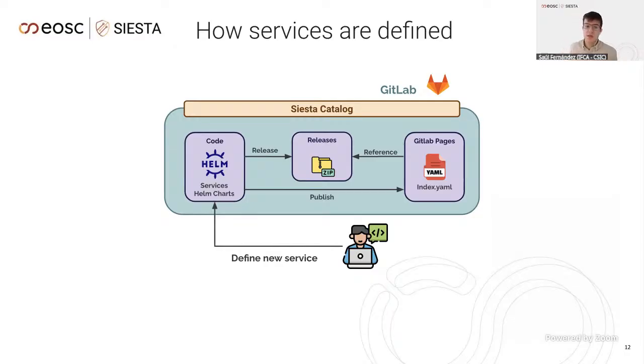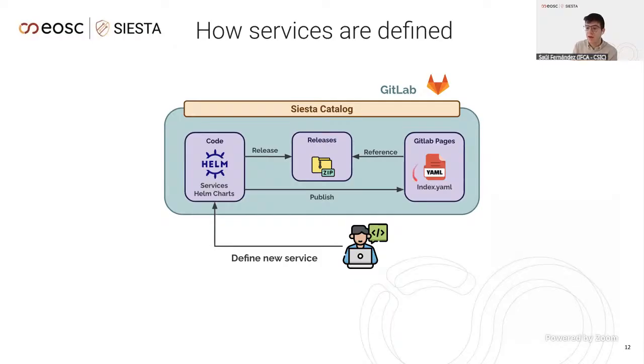Once the developer uploads the code, a couple of pipelines inside the repository start running, and as a result, a release file is created. The release contains the build of the chart and is stored under the releases section in the GitLab repository. Once the release is ready, another pipeline will update and upload an index.yaml file to the GitLab pages of the project.